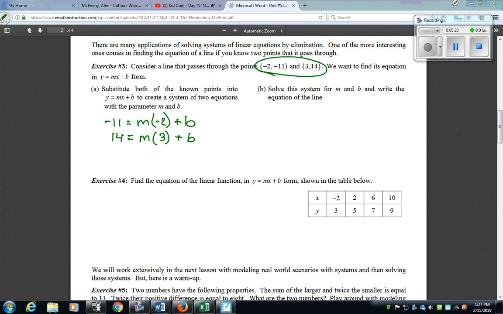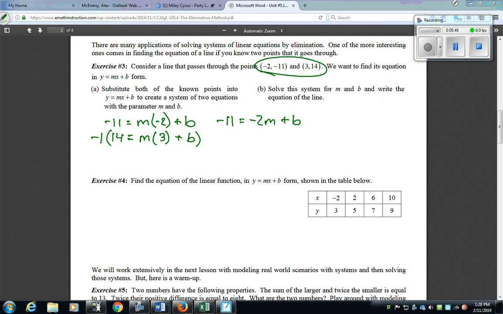To figure out what m is, I know I have a b and a b. I can multiply one of these equations by negative 1. I'll multiply the bottom one by that. I'm going to rewrite it slightly using the commutative property. So I got negative 11 equals negative 2m plus b.